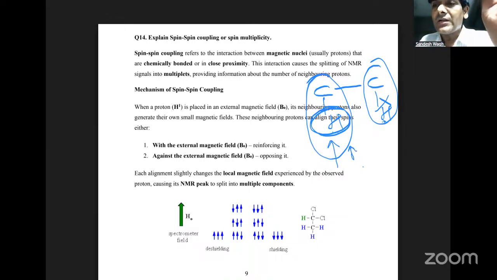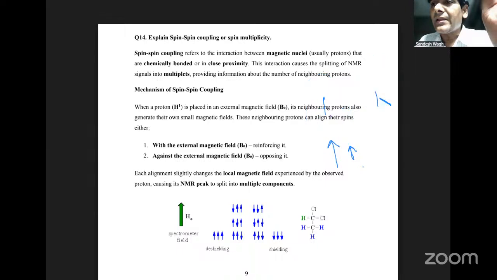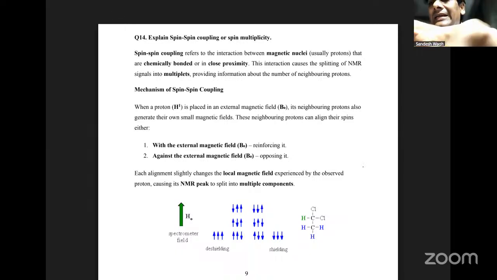So in short, look at here in case of this example. Now, if we have one proton nearby in the vicinity, another example I would show here. This is CH3 and this is your CH. Now this is some attachment.